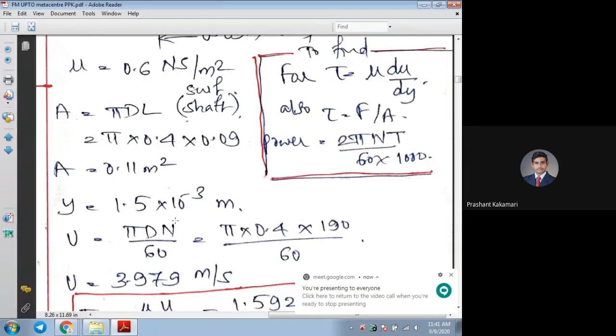So in this pi D N by 60, the diameter of the shaft is known, then RPM is known. So I'll convert that into RPS. Once you take this equation, I can convert this RPM into meter per second, because we are left with diameter in meters, then RPM to RPS, so seconds you can write directly.